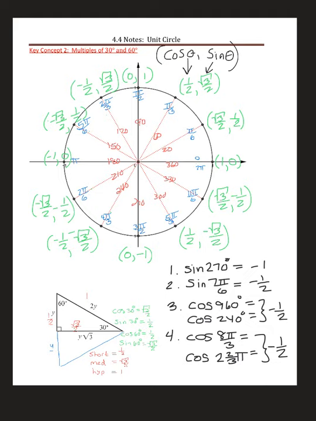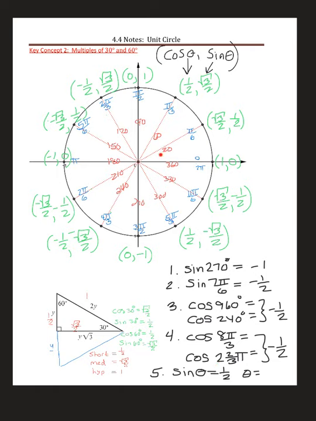And then we can also look at these as inverse operations. So for example, if I said the sine of theta equals 1/2, and I ask you, what is theta then? Well, the sine is the y-coordinate, so you're going to look around the circle for anywhere where the y-coordinate is +1/2, and you're going to have two answers.